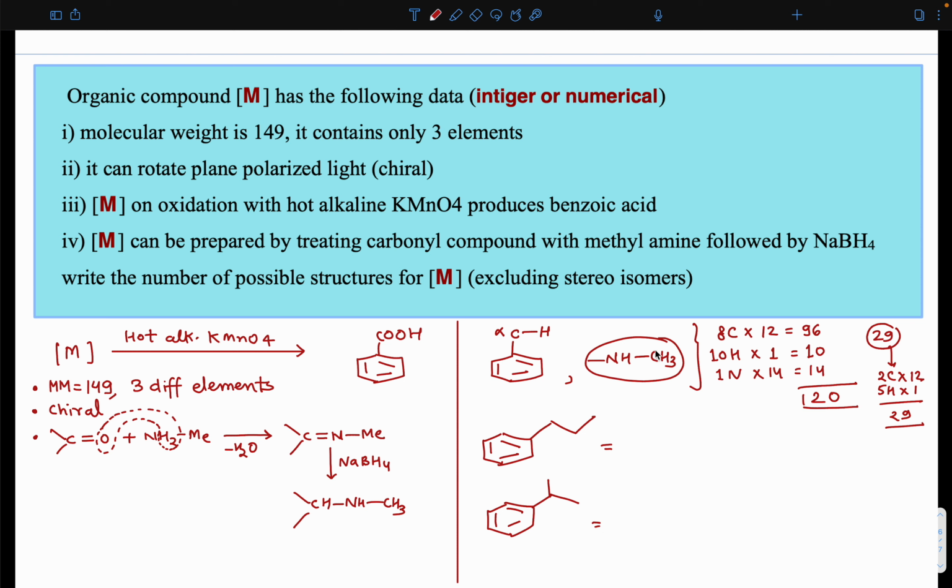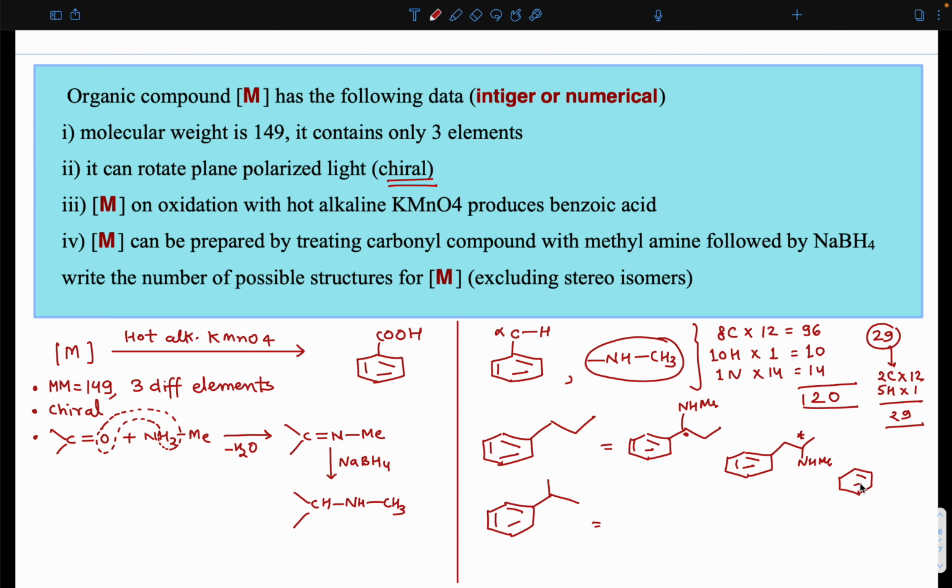Now I need to keep the N-methylamine in these two structures in such a manner that the compound must have chirality. So we'll try to keep the N-methylamine here first. Here we have a chiral center. Second, here also we have a chiral center.